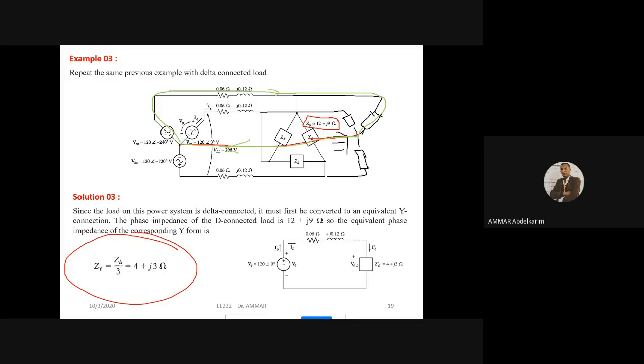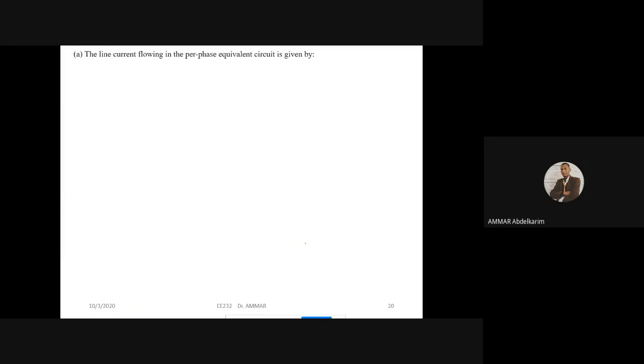So this is the direction, and this is the per phase circuit. First we convert it from delta to Y, then we add the neutral, then we take a single phase. After that, the calculation will be the same.